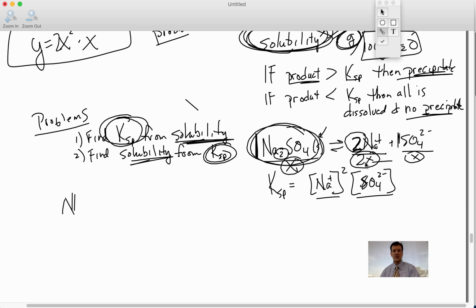So let me just rewrite this right here to show you how simple the equation is. This K value, let's say it's just Y. This concentration here is our 2X, and you're going to square that.